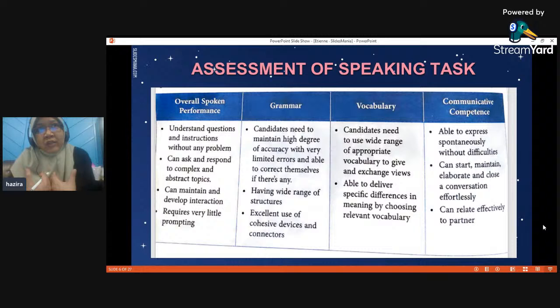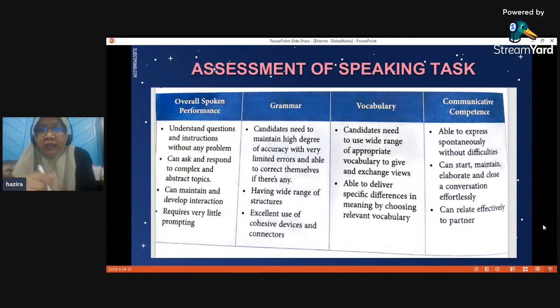Maksudnya benda tu is just like your nature, all right? So you can speak well without any hesitation, and also you can relate effectively to your partner. You should be able to produce naturally flowing speech in order to get full marks.